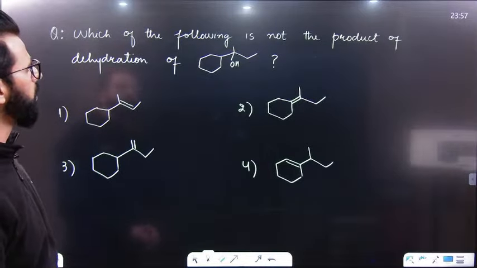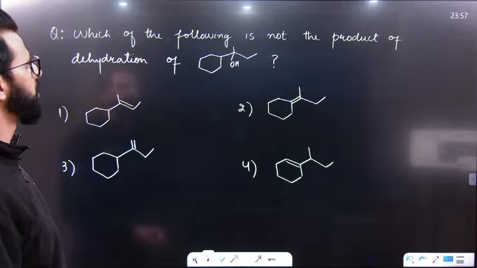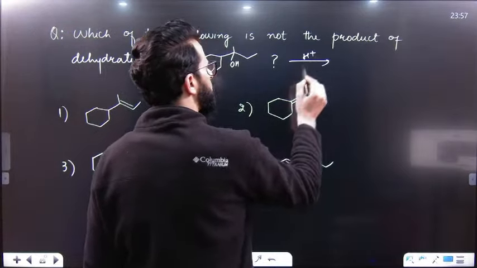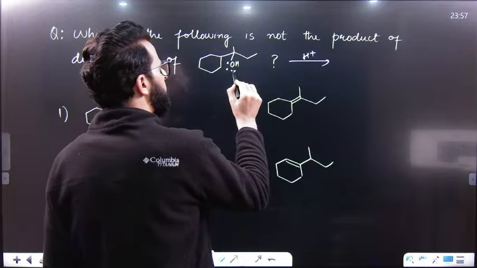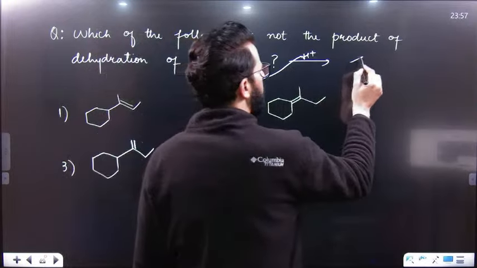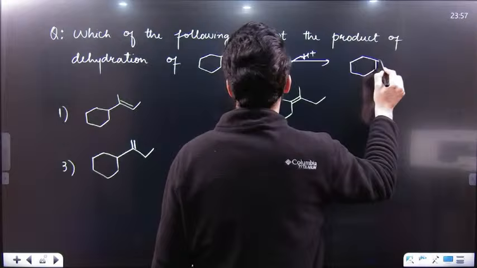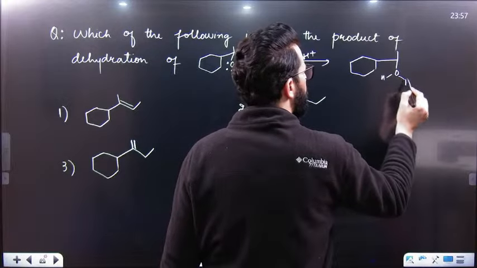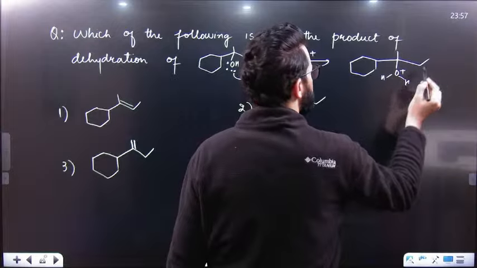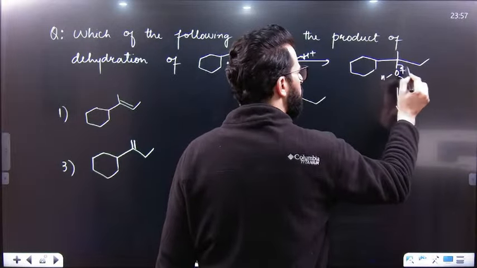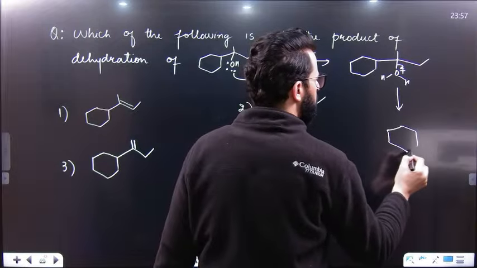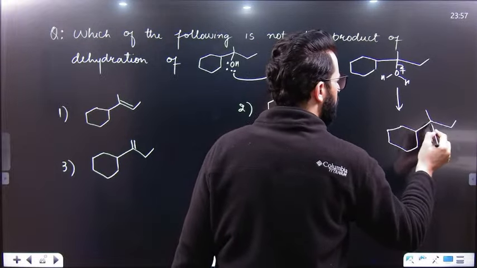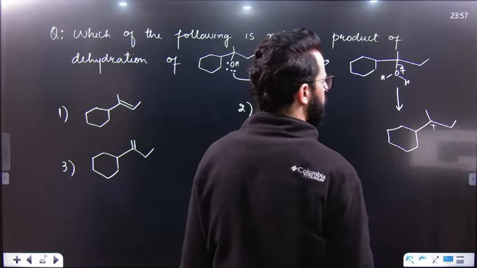Which of the following is not the product of dehydration? Have a look. When it reacts with H positive, what will happen over here? This will attack over here and it will result in the formation of OH2 with a positive charge. After that, this water will be lost and it will result in the formation of, have a look, my dear lovely students, a positive charge over here.